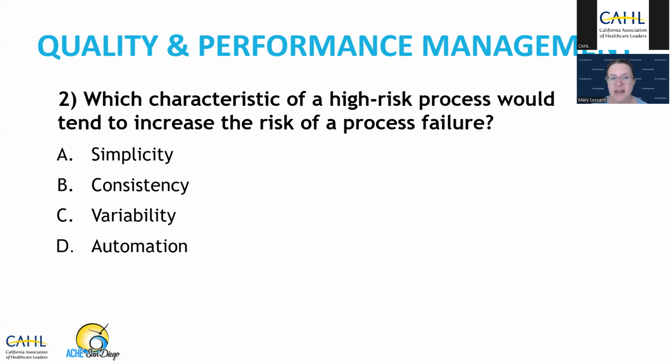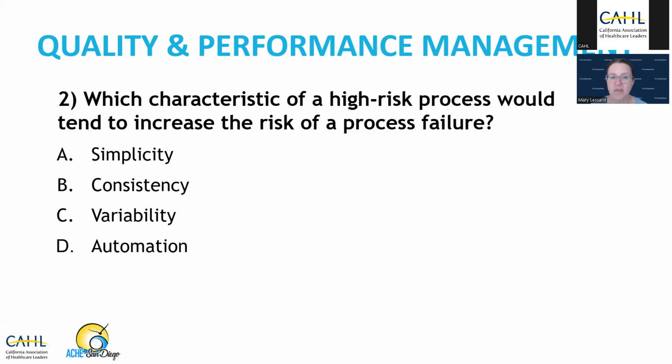Consistency. Typically, that's going to reduce the risk of process failure if something's very consistent. Variability, I'm thinking that that is definitely something that we could consider for the answer to this question. Automation, when something's automated, obviously reduces the risk of process failure tremendously.